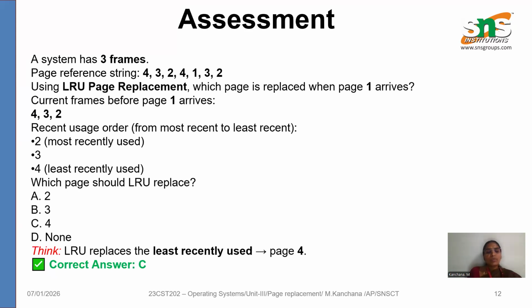So when page 1 comes in, which page should the LRU algorithm replace? Think about it. The correct answer is C, right? It replaces 4. LRU replaces the least recently used page, and that page is 4.